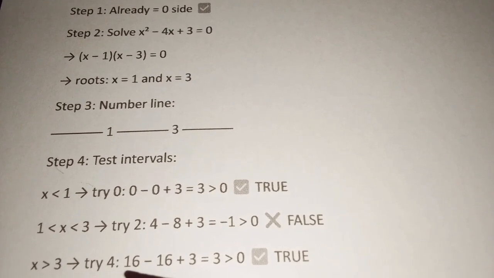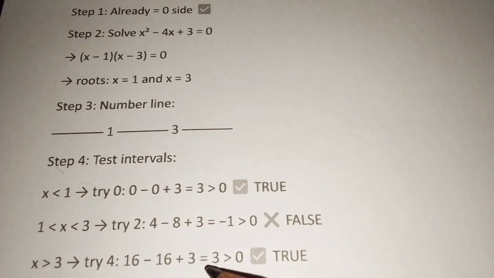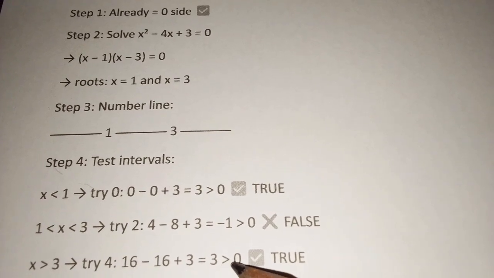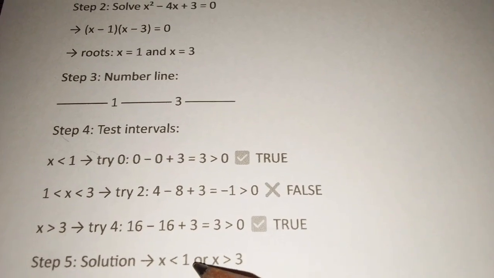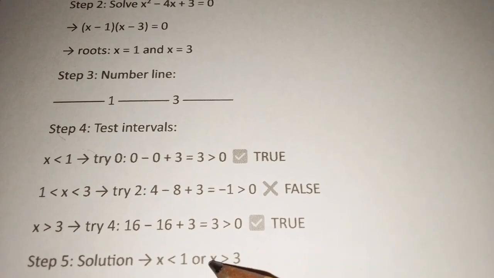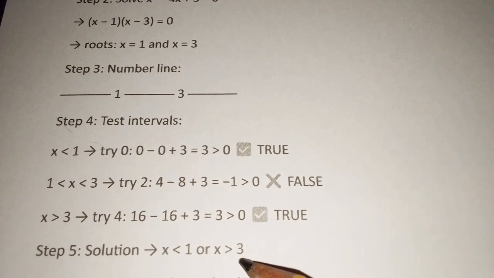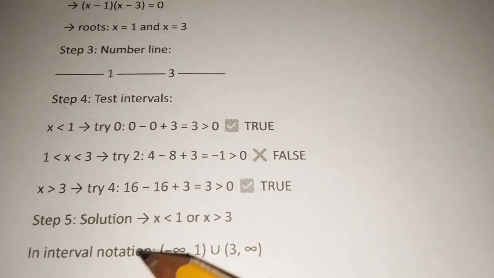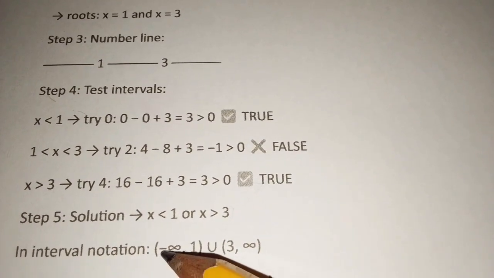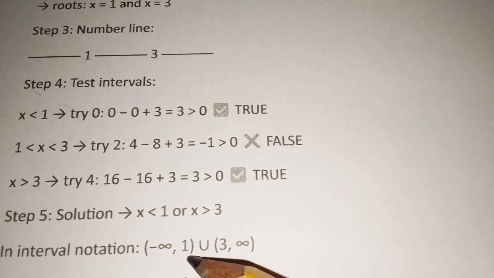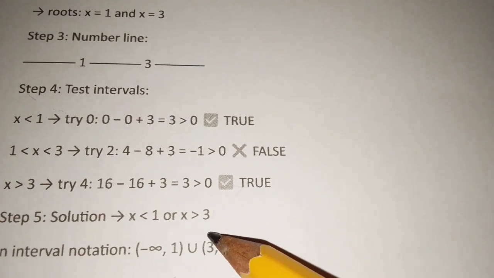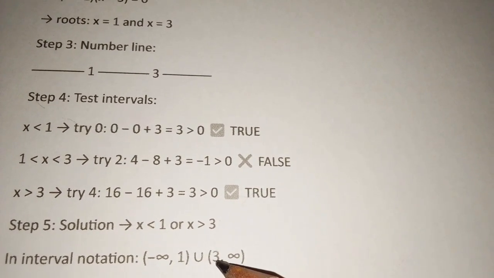Try 4. So 16 minus 16 plus 3 is equal to 3, and this is greater than 0, so this is true. So the solution is x is less than 1 or x is greater than 3. In interval notation, this is the quantity negative infinity comma 1 union the quantity 3 comma infinity.